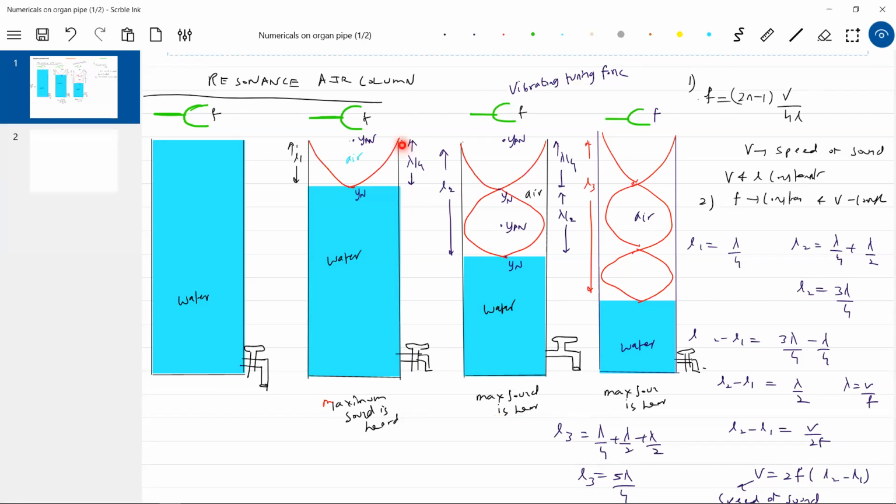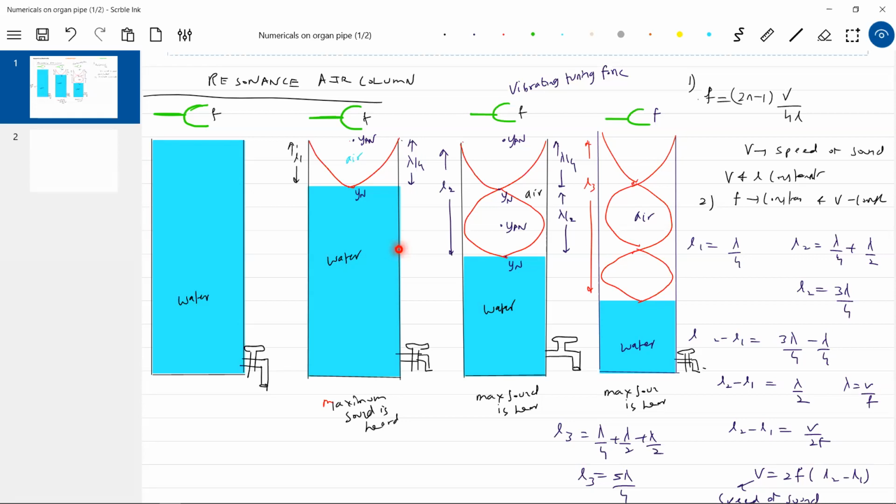As the length of the air column starts from 0, there is no sound. As it approaches L1, the sound will increase, and exactly at L1 there is maximum sound. Again it decreases, and somewhere here we hardly get any sound. Again the sound increases, then again maximum.